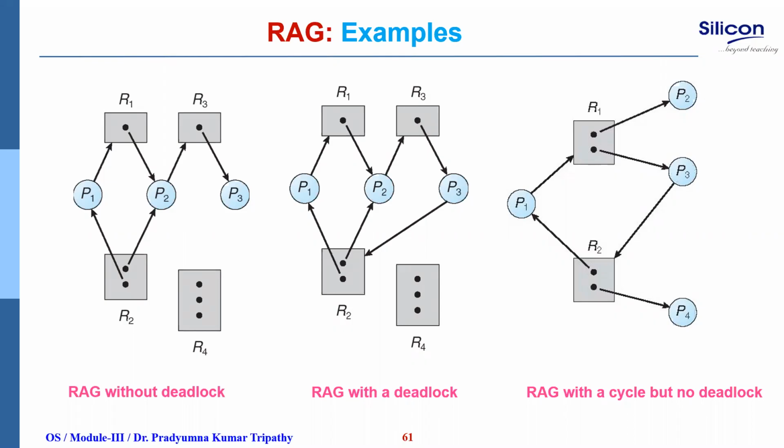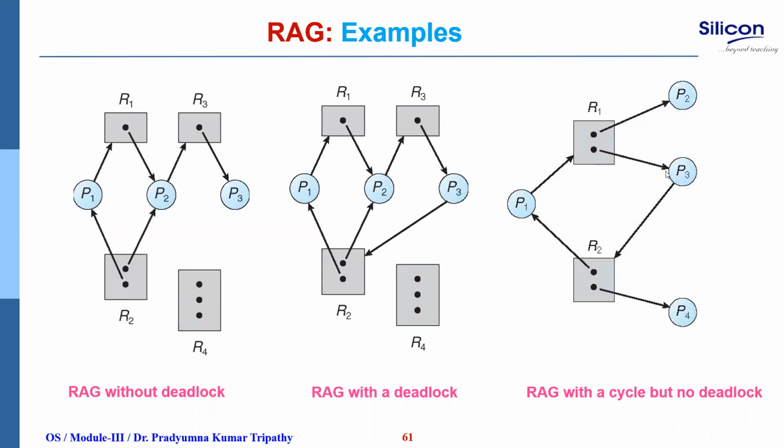Whether it is in deadlock or not. So if we consider P1, R2, P1, R1, P2, then it is not in deadlock. But if we consider R2, P1, P3, R2, then it may be in deadlock. It says that if you have a cycle in a graph, then it may lead to deadlock. So look over here, is a cycle there or not?